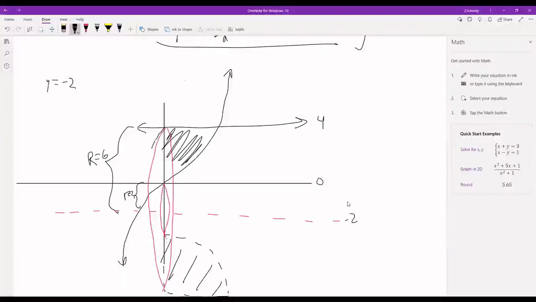Then if we want to generalize this to all the washers, it's f of x, which is y equals 4 is the first one.